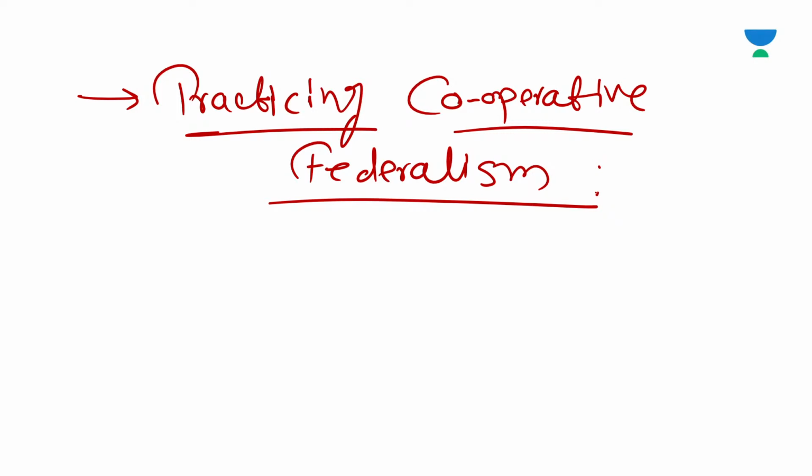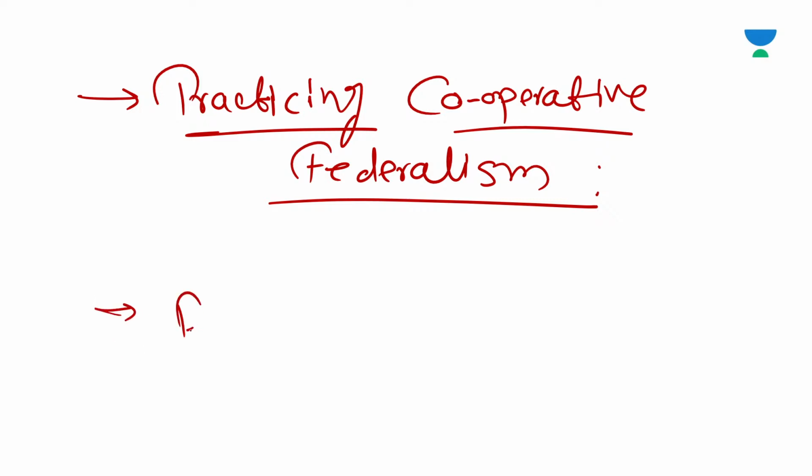The Constitution Bench of the Supreme Court in NCT of Delhi versus Union of India 2019 said that the administrator should not misuse this power to frustrate the functioning of the elected government in the territory, and should use it only after all methods have failed to reconcile the differences between him or her and the Council of Ministers. So there is a need for practicing cooperative federalism.